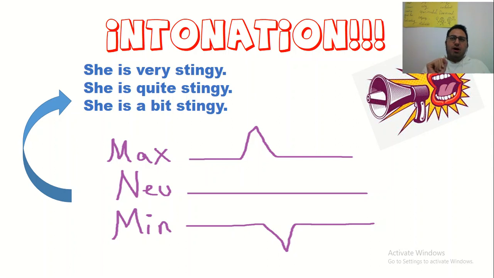And what about this one? Let's give it a try. She's quite stingy. She's quite stingy. Okay? Yes, exactly. The second one was correct. And what about the last one?